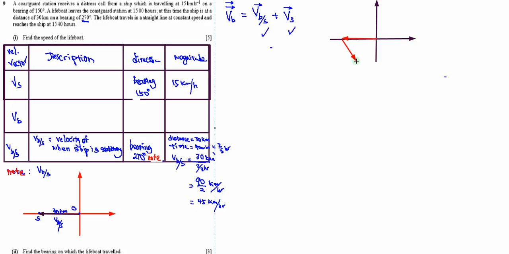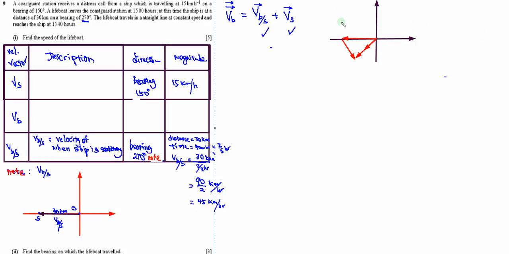This is VS. The bearing for this is 150. Now this first single arrow is VBS, VS is the second single arrow. Now they will give a resultant of this.